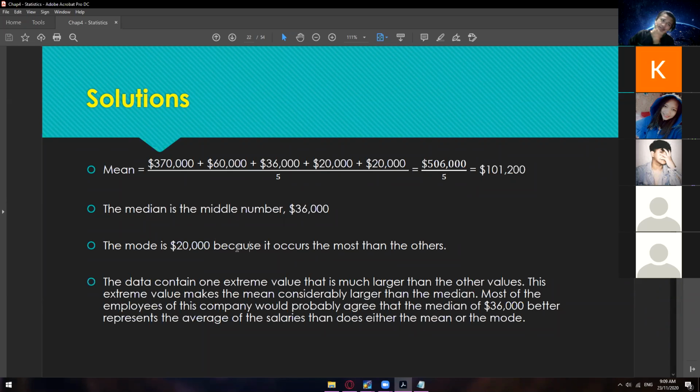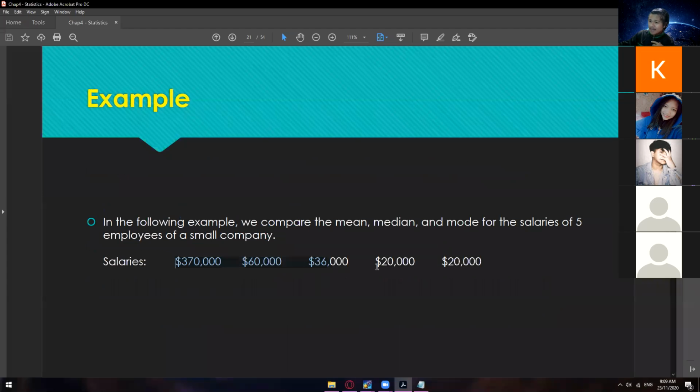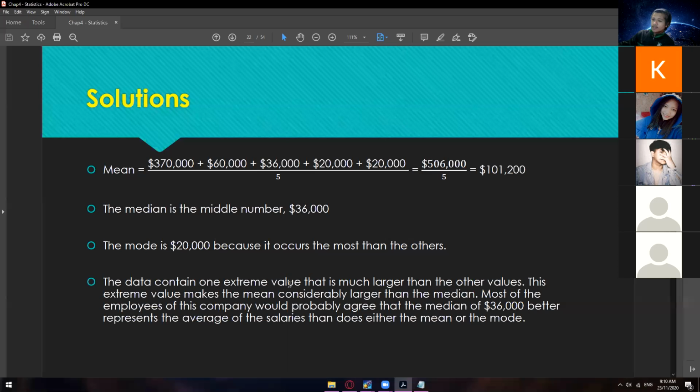If you're going to choose the most appropriate answer in terms of getting the average of these numbers: for the employees, the data contain one extreme value that is much larger than the other values. This extreme value makes the mean considerably larger than the median. So the employees of this company would probably agree that the median of 36,000 better represents the average of the salaries than either the mean or the mode.